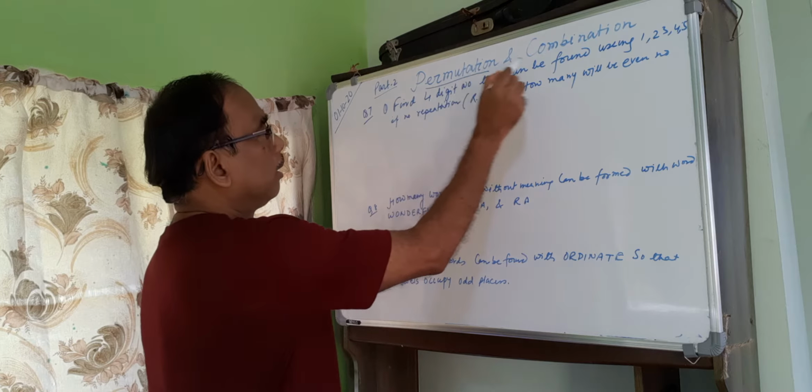Because the first place could be done in 5 ways, there are 5 letters; the second place also 5 ways, and the third place likewise. So the number of ways equals 5 into 5 into 5 into 5 into 5, that is 3125 ways.